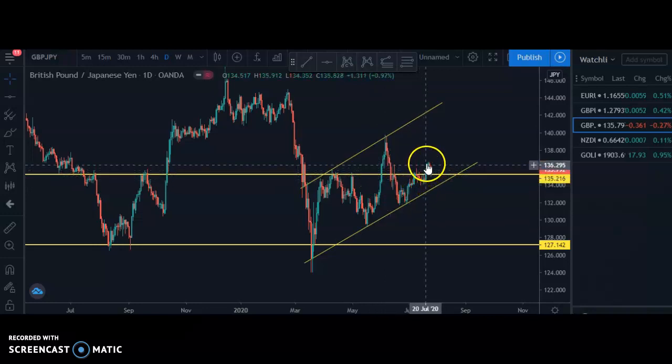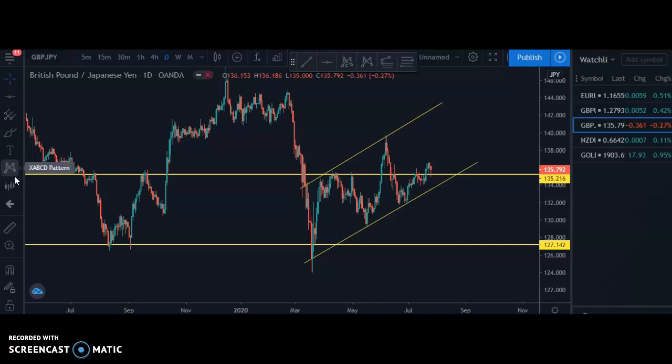When it broke out, it retraced. So as the market opens tomorrow, which is Monday, we expect a continuation of this market up to this point. So for anyone who would be involved in this trade, it would be time to buy.